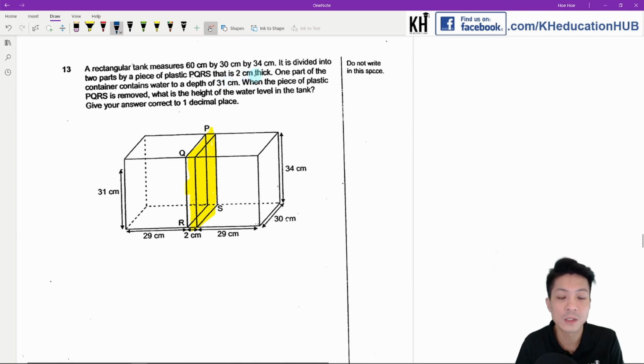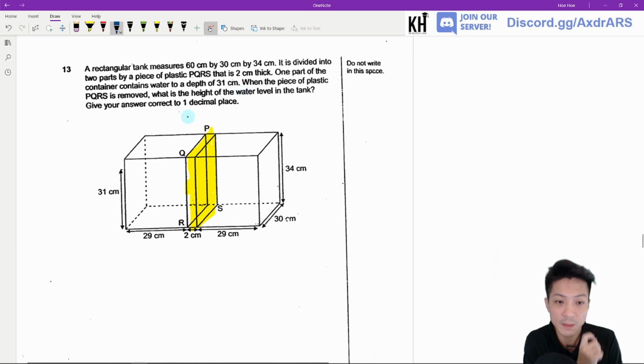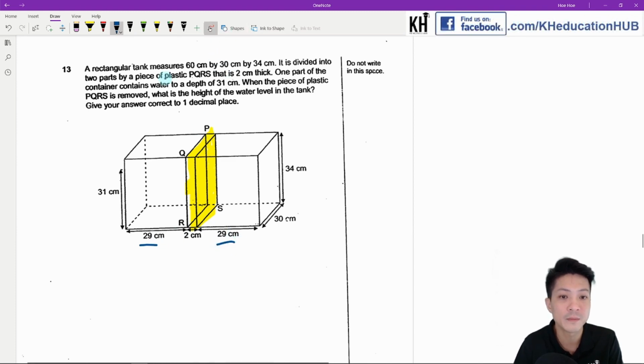Okay, PQRS is 2 cm thick. One part of the container contains water to a depth of 31 cm. Okay, it doesn't matter which part of it because both sides are equal at 29 cm, 29 cm. When the piece of plastic PQRS is removed, what is the height of the water level in the tank? Give your answer to 1 decimal place.